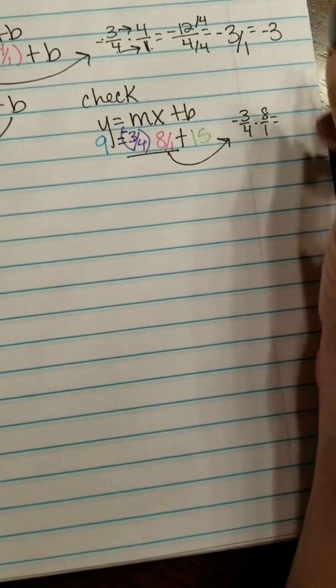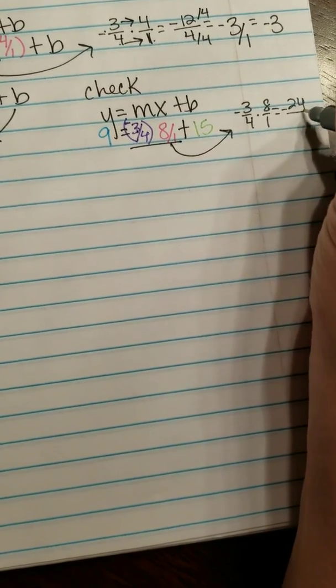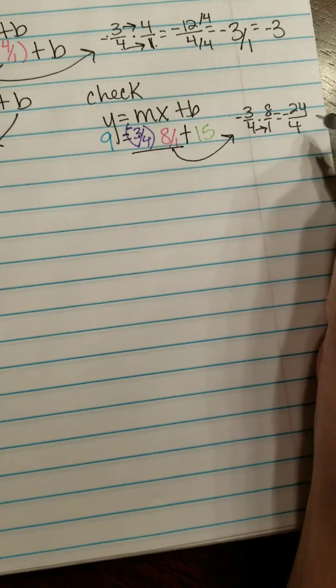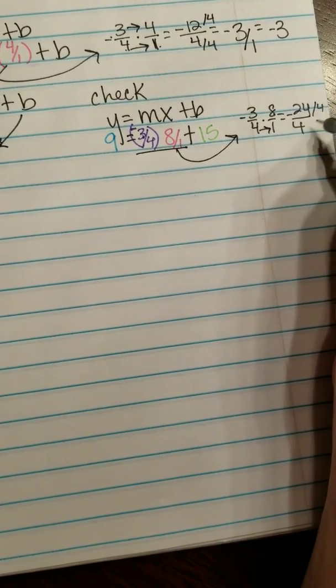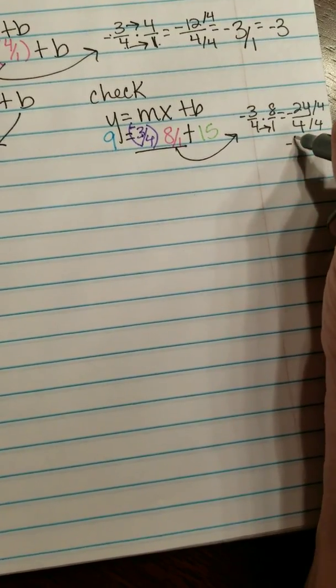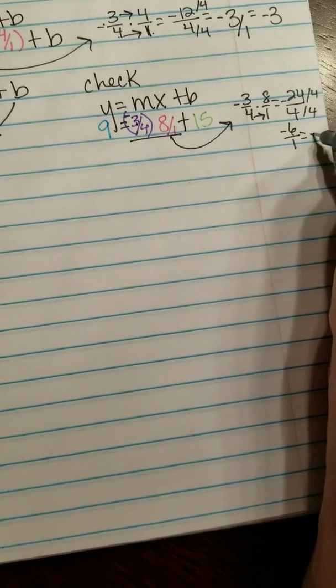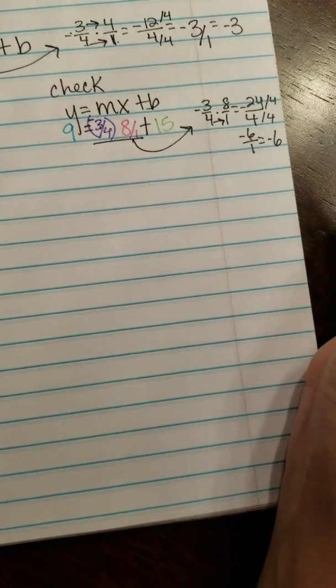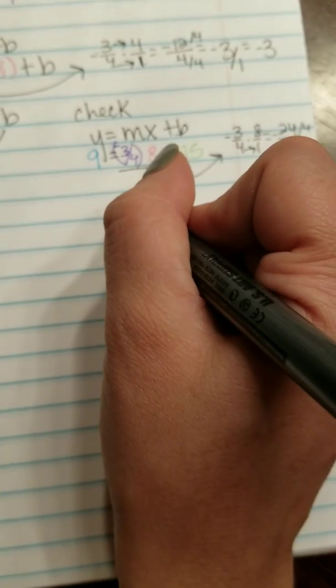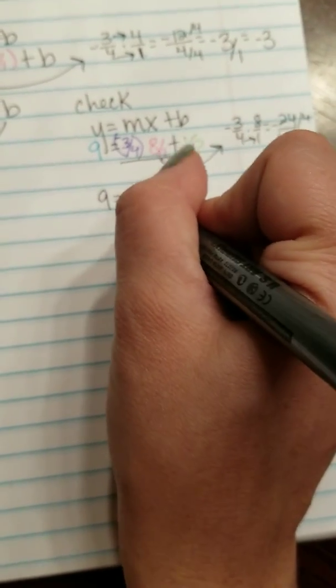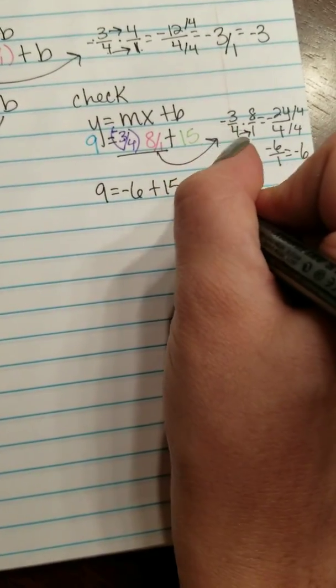And I know negative 3 times 8 makes negative 24. 4 times 1 makes 4. If I divide both of these by 4, I get a negative 6 over 1, which is the same as negative 6. So I know now I have 9 equals negative 6 plus 15.